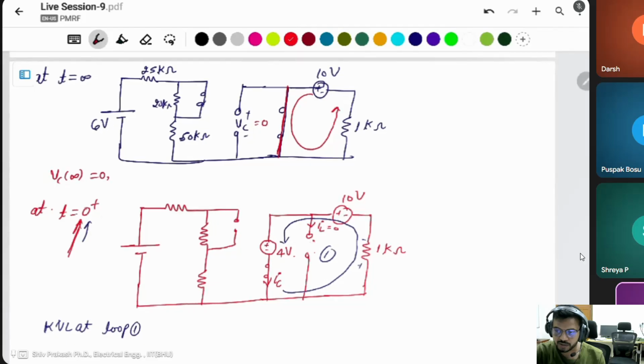You have to put the value of voltage source and current source. If there is an initial current in the inductor, then you have to put the current also here. The inductor will be like an open circuit, but there is some charge.